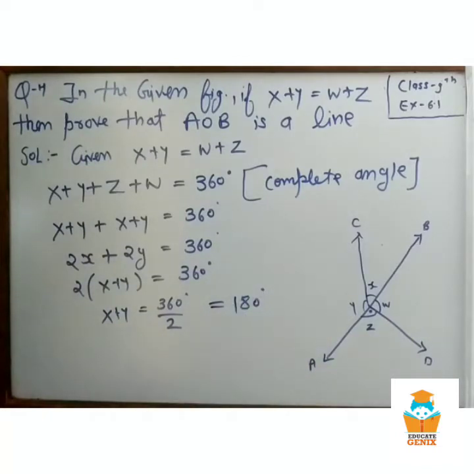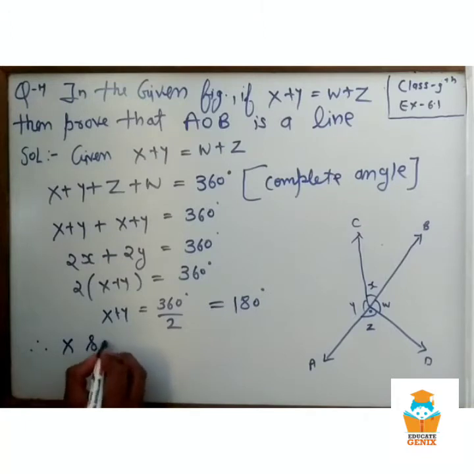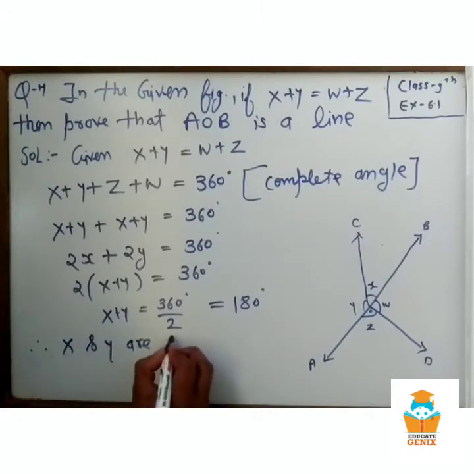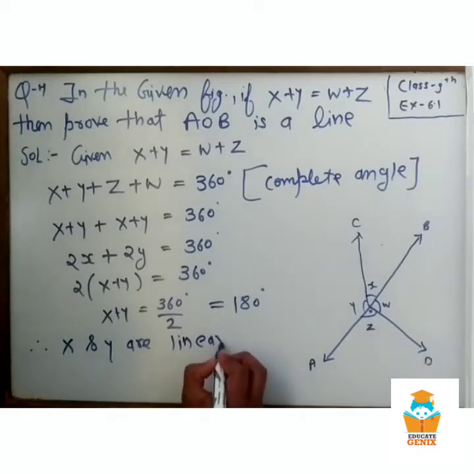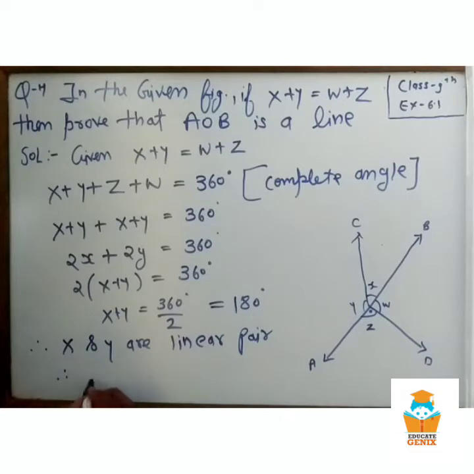As you can see, x plus y equals 180 degree, and we know that if the sum of angles equals 180 degree, we can say that both angles are a linear pair. Therefore x and y are a linear pair. Therefore we can say that AOB is a straight line.